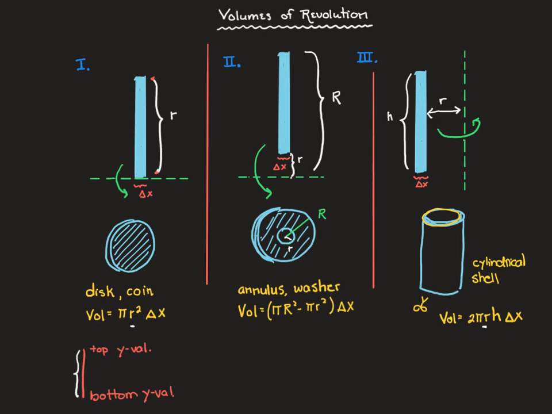What about R? R is a horizontal distance. When you're measuring a horizontal distance, you've got to take the big X value, large X, that's the one furthest to the right, minus the small X value.